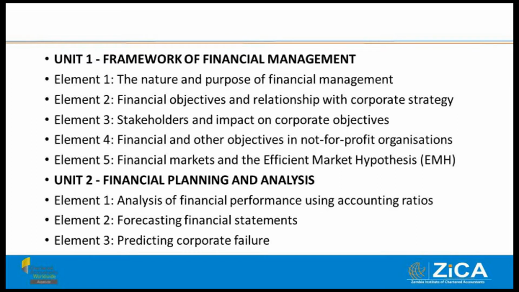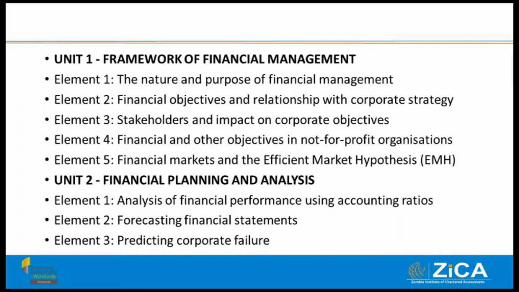The second one deals with accounting ratios. The third one deals with sources of finance. The fourth one deals with the cost of capital. The fifth one deals with investment appraisal. Other topics also include business valuation and working capital management.